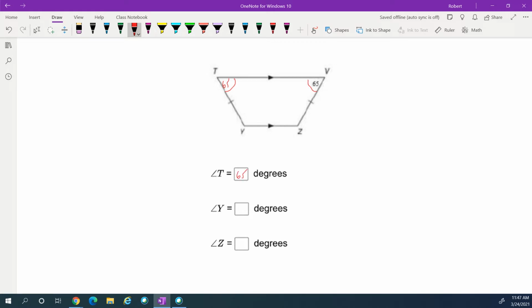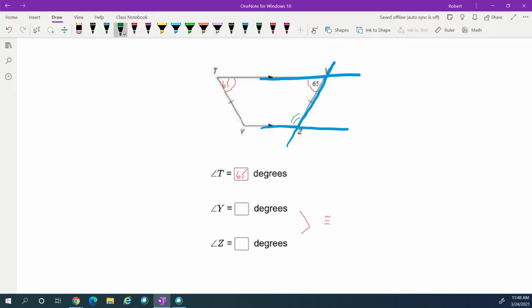Angle Y and angle Z are also congruent because they are base angles. So when we find one, we'll know them both. The way we can find it, and it doesn't matter which side of the picture we work on, is parallel lines cut by a transversal.